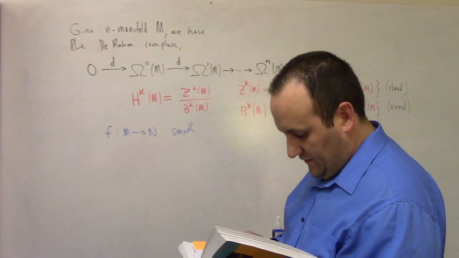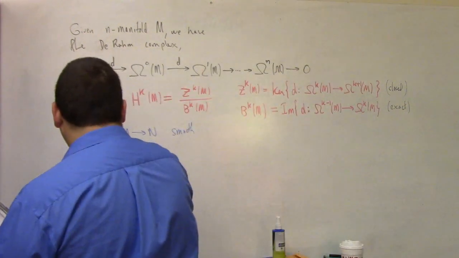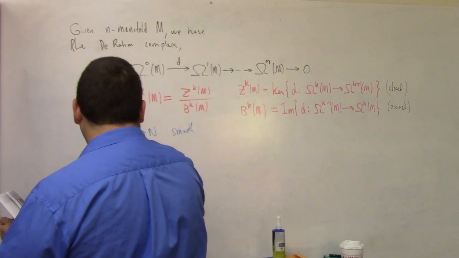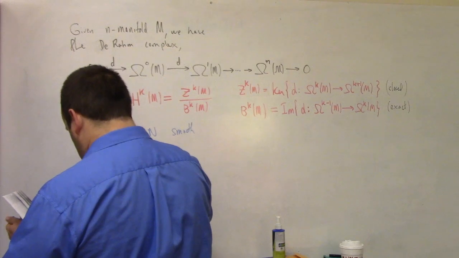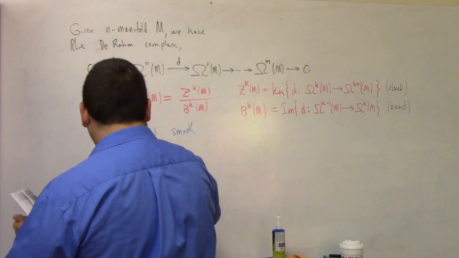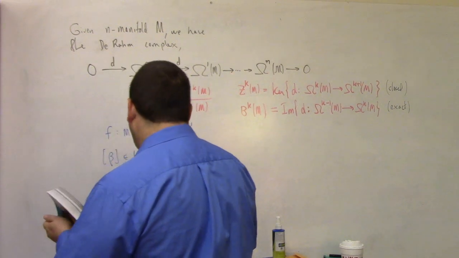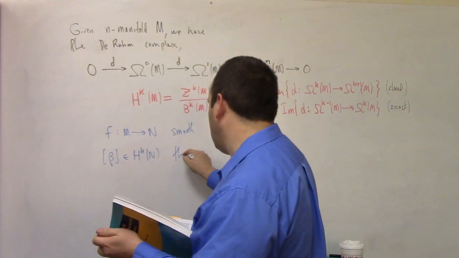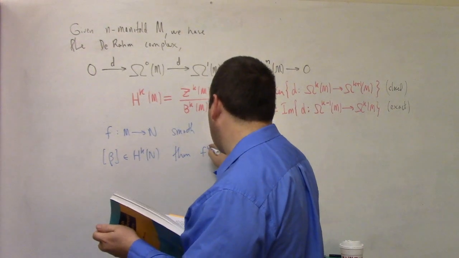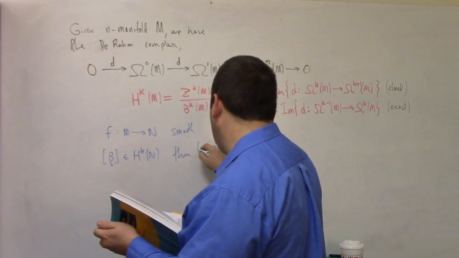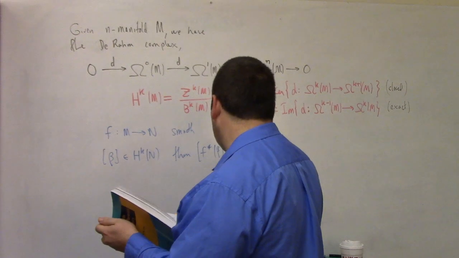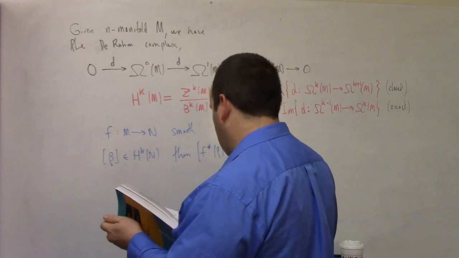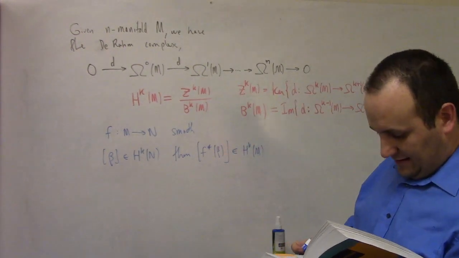So he says if we have a cohomology class beta, and we use brackets to talk about cohomology classes, the set of cohomology k-forms, so if that's a cohomology class over N, then the pullback of that is a corresponding cohomology class of M. So we can pull back forms, and we can pull back classes of forms as well.